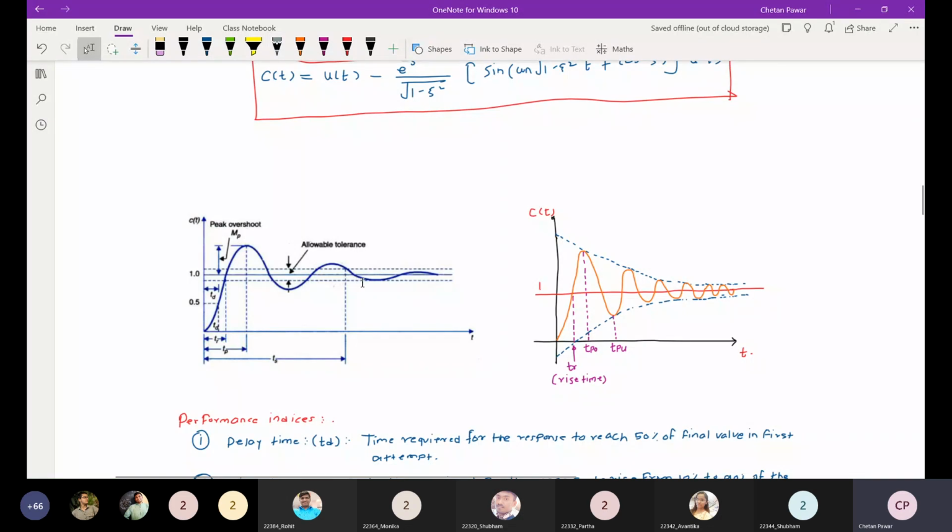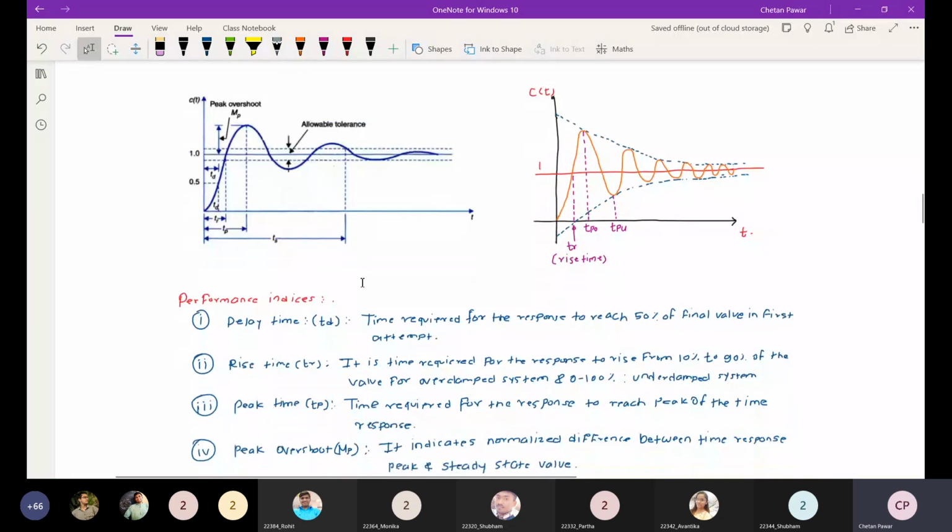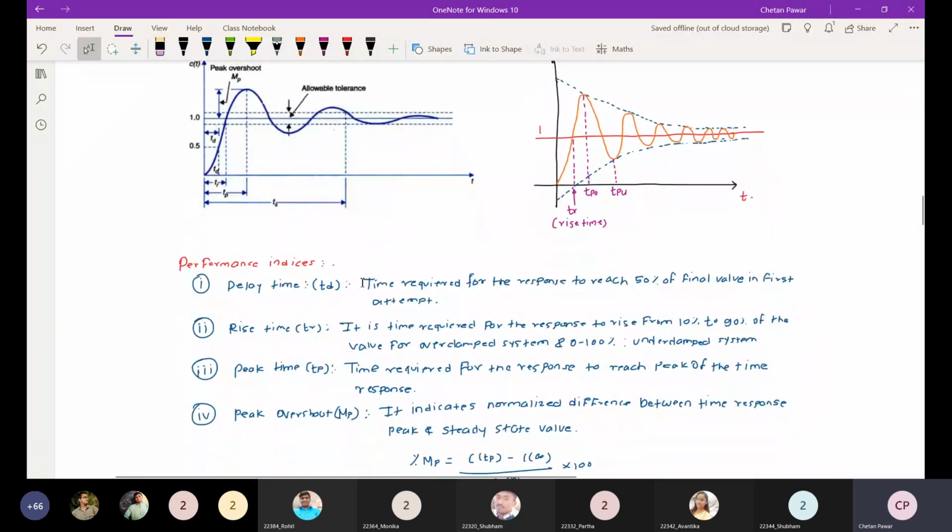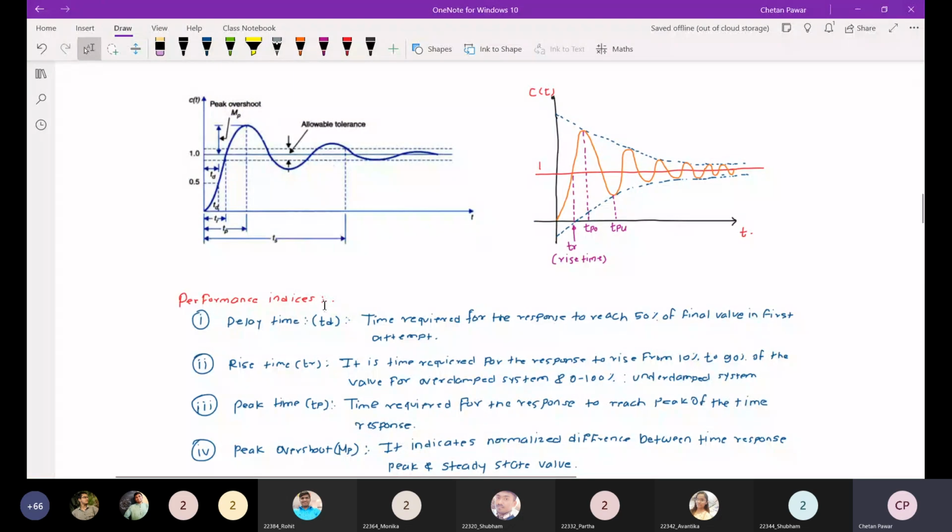Here you can see different performance indices, like delay time. What is meant by delay time? Here, in this particular c of t, the final steady state output response is 1. So the final value is 1 only.